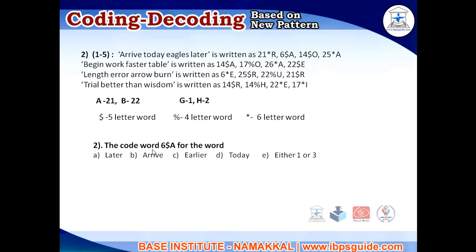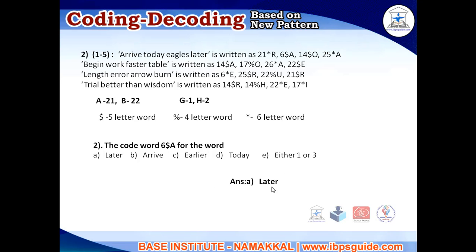Here the number 6 will denote L, and the dollar symbol resembles the word will have 5 letters, and then the alphabet A will be the second letter of the word. Looking at these conditions, this will be satisfied only in option A. So A will be the answer.